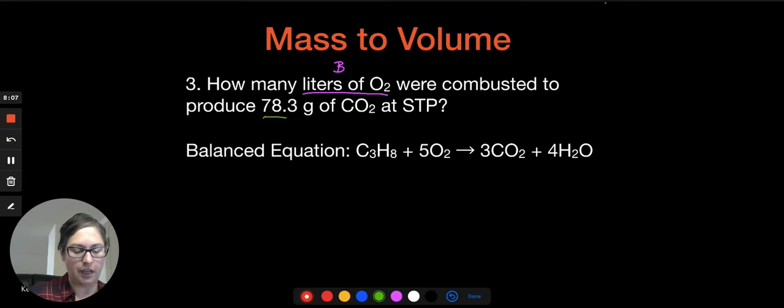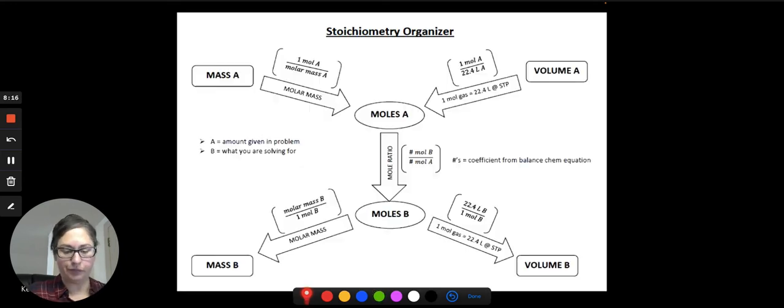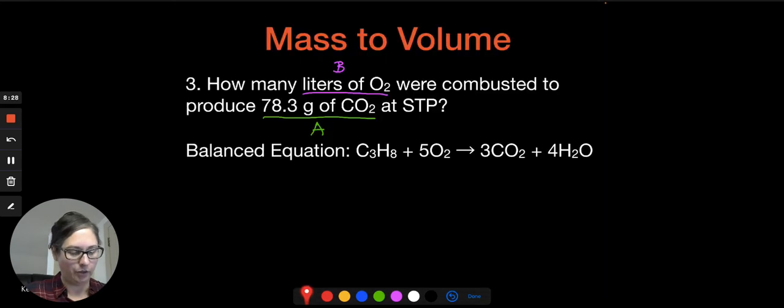So 78.3 grams, that's going to be our A. So now we're starting with mass of A. Let's go back. We're going to start with mass of A in this one, because that's the value that's given to us in the problem. And we are going to go until we get to volume of B. We want to know a volume of O2.